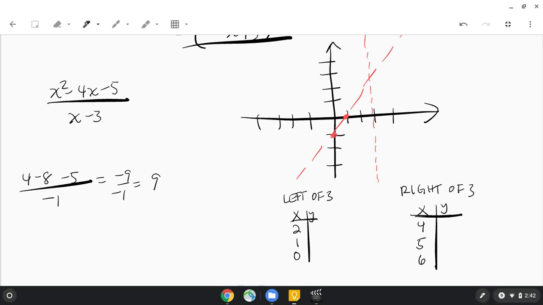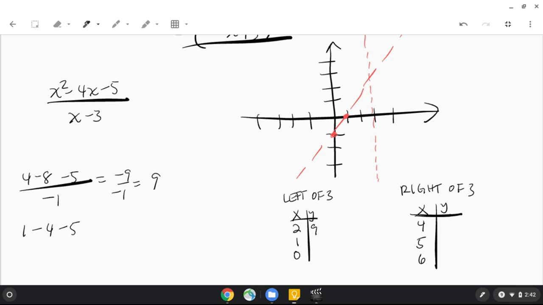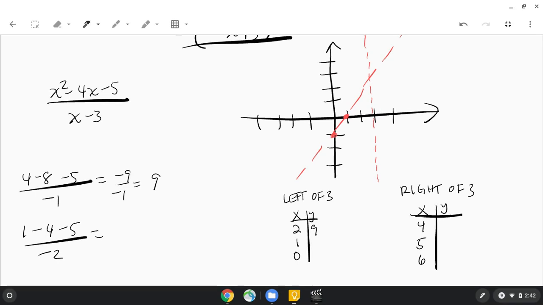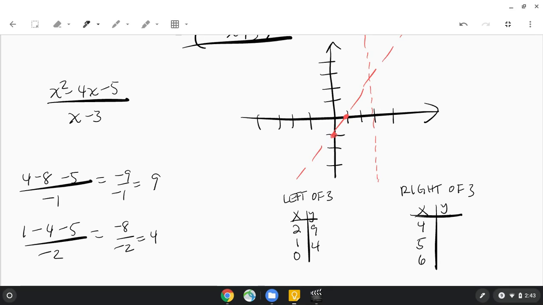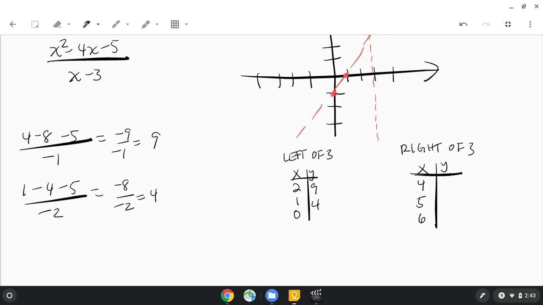Plugging in 1, I get 1 minus 4 minus 5 over -2, so I get -8 over -2, which is 4. And then 0, we get 5 over 3, or 1 2/3.